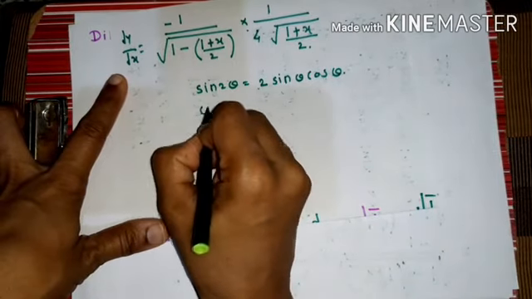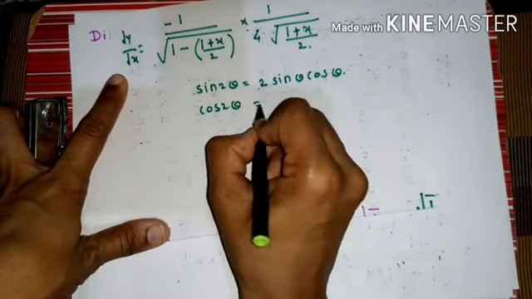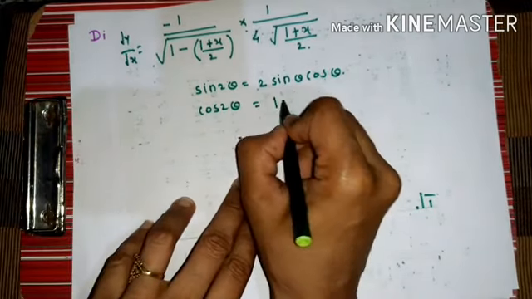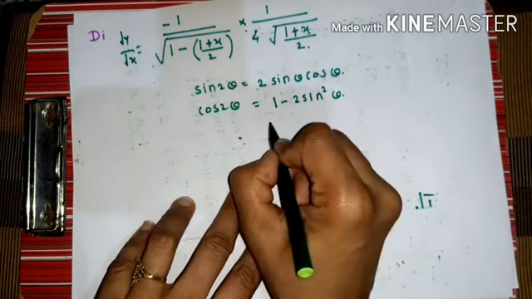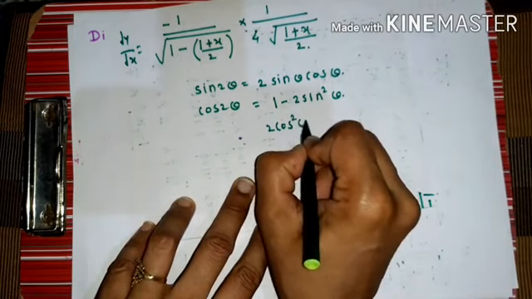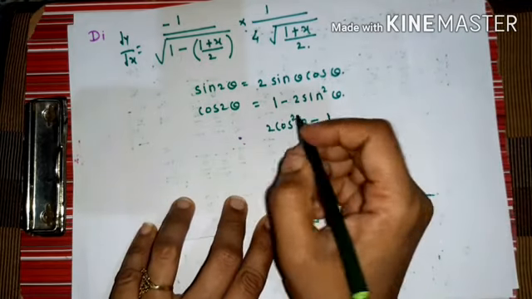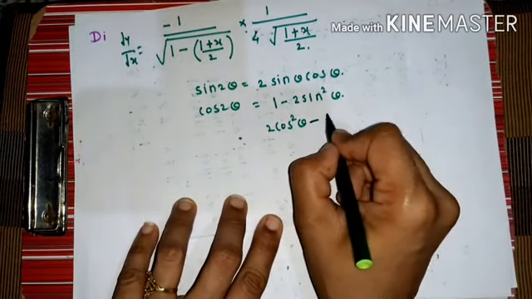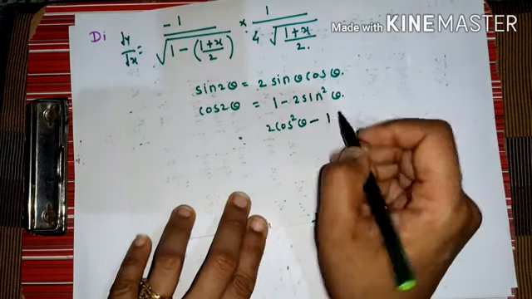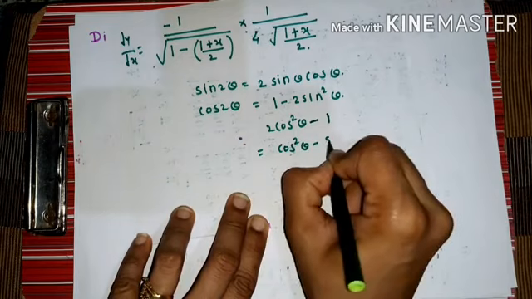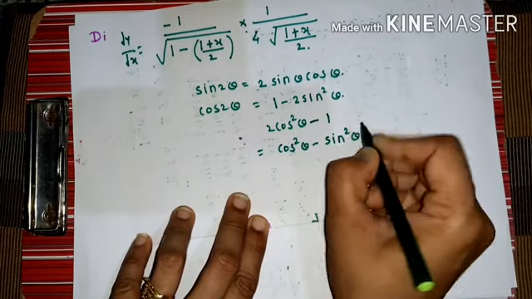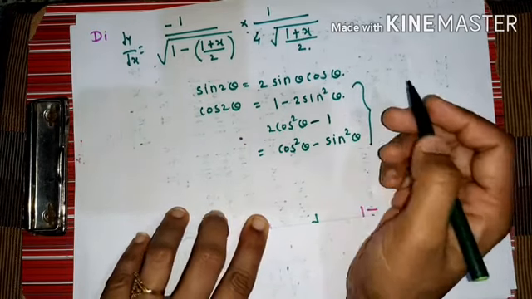We know that cos of 2 theta is 1 minus 2 sine square theta, 2 cos square theta minus 1, also cos square theta minus sine square theta, and this is equal to cos of 2 theta.